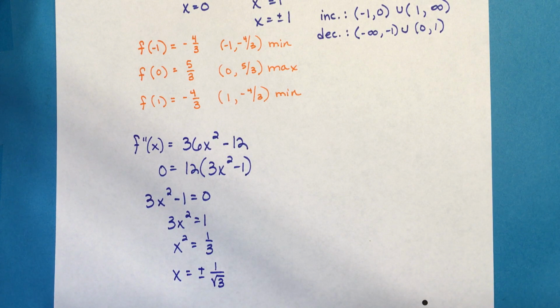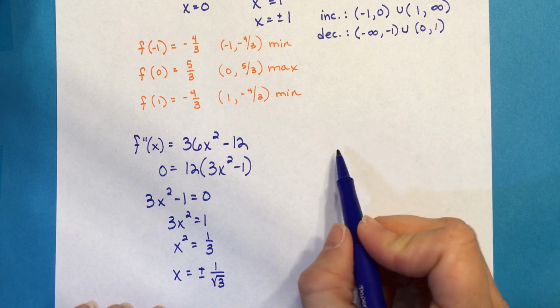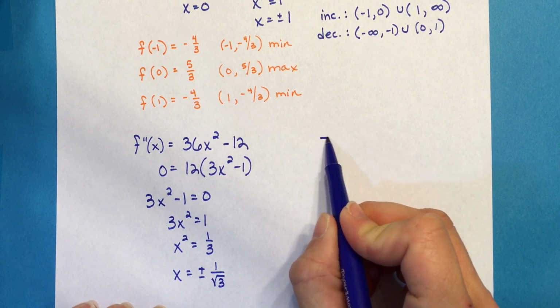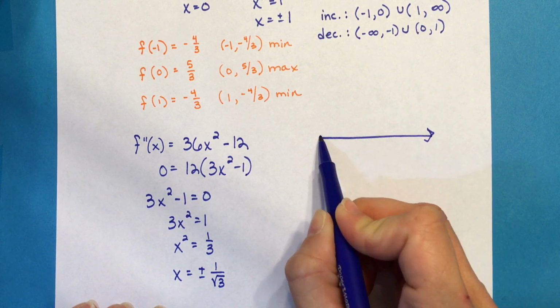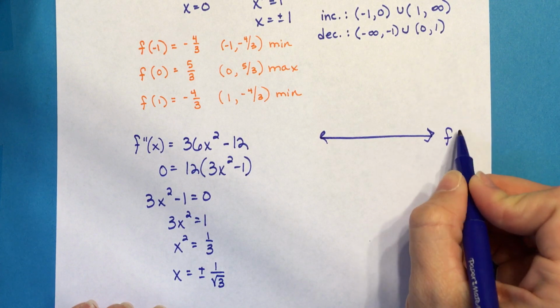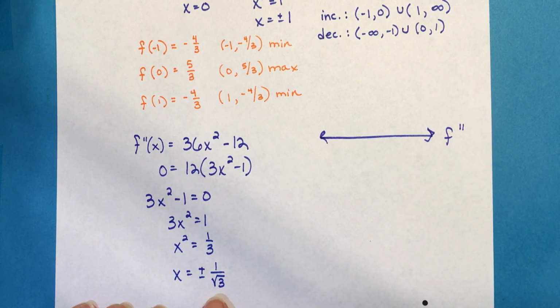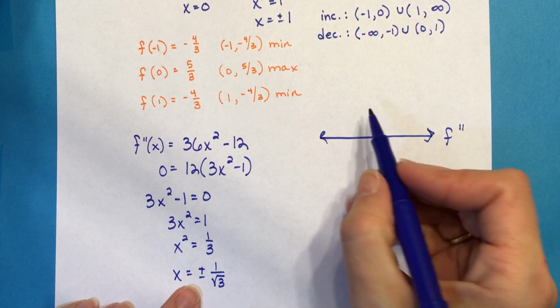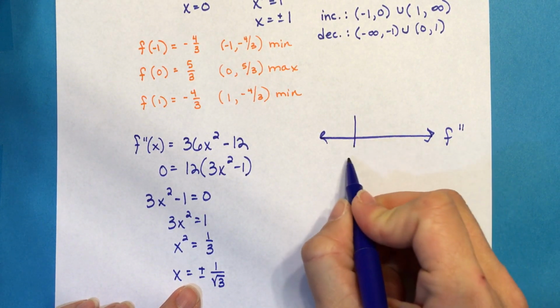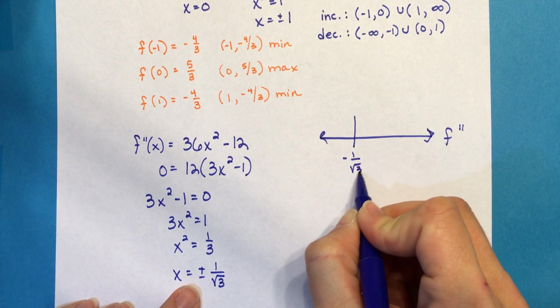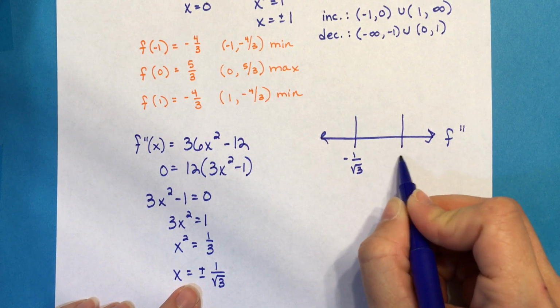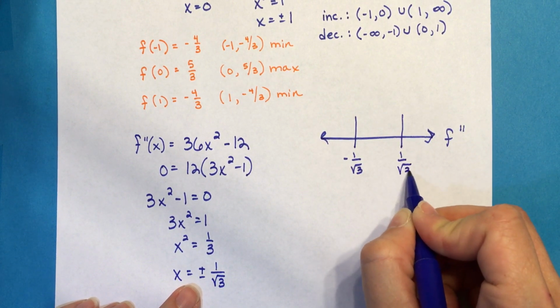If you choose to rationalize that, that would be fine, but it's not something that you would have to do. Now you're going to do a sign graph, using your second derivative this time. We'll flag these numbers off: negative 1 over square root 3 and positive 1 over square root 3.